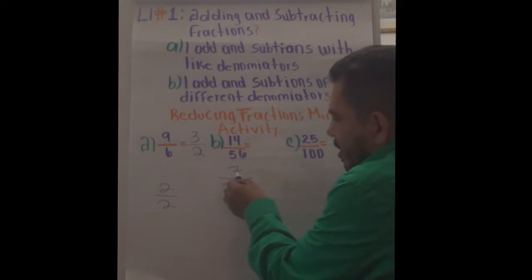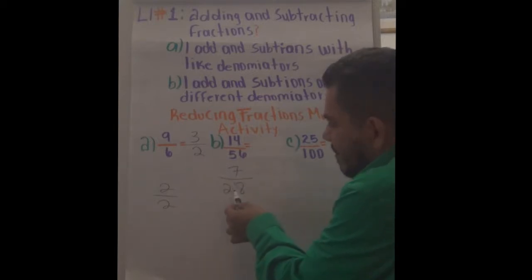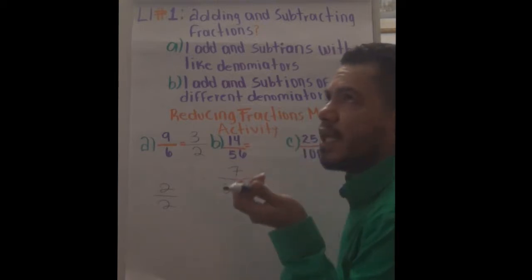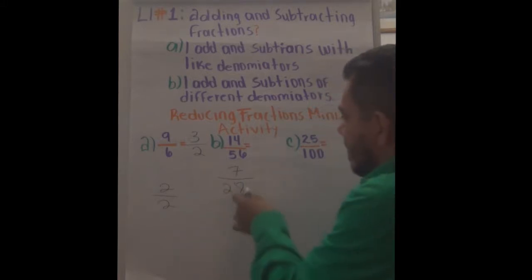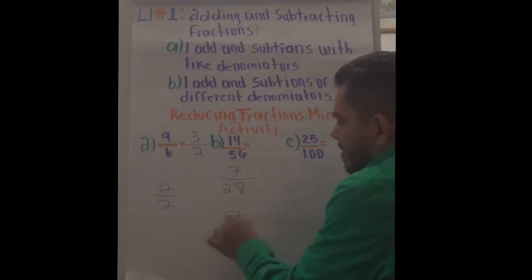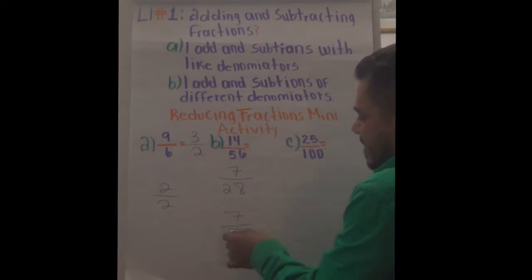This is a prime number, so it can only be divided by 7. So then I look at the bottom and ask, can 28 be divided by 7? 7 times 4 is 28. Oh my God, yes, it can be divided by 7. So when I divide, look, I'm dividing by a fancy version of 1, 7 over 7. 7 divided by 7 is 1.